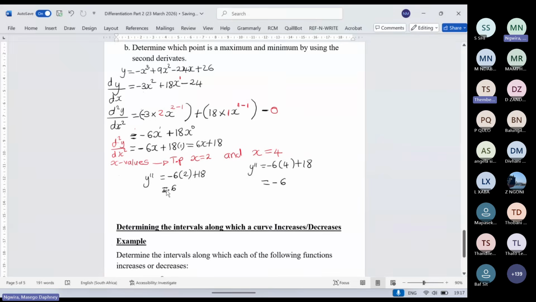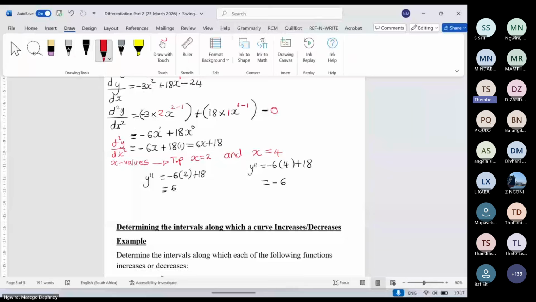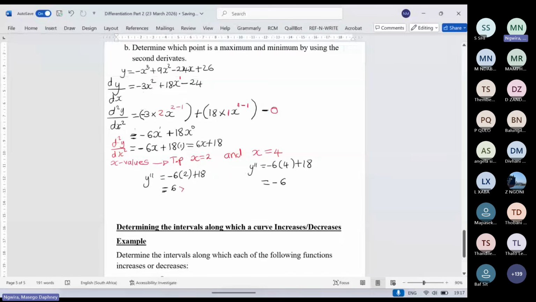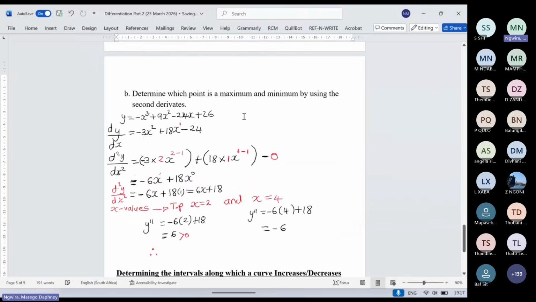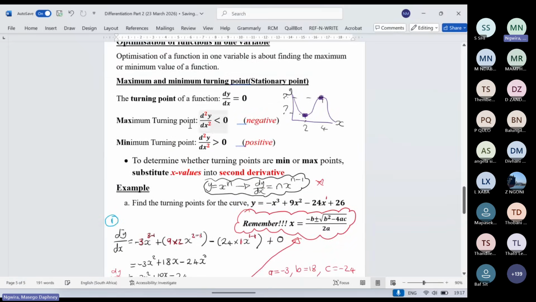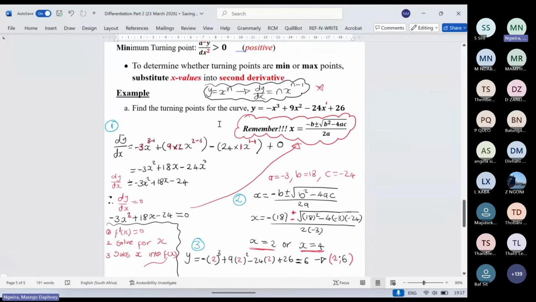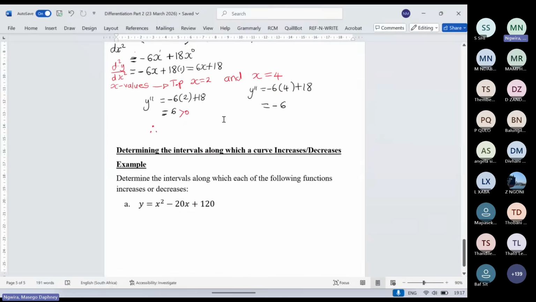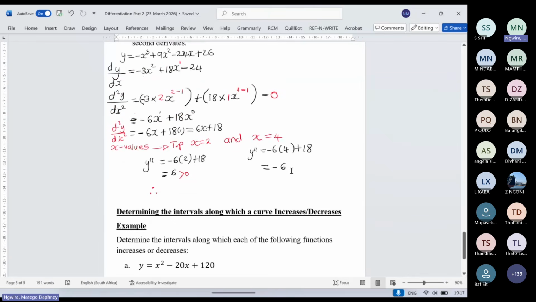This one, 6, is greater than 0. So if it's greater than 0, what does it mean? Is it a minimum or maximum? It's a minimum. So this is the minimum turning point.